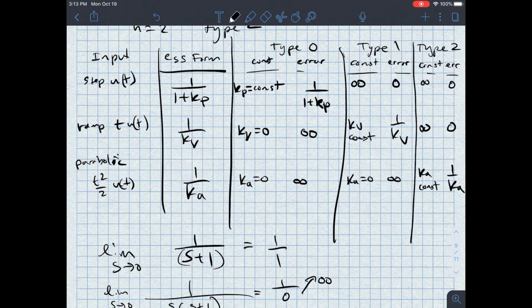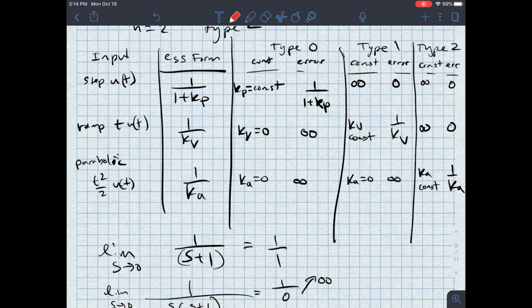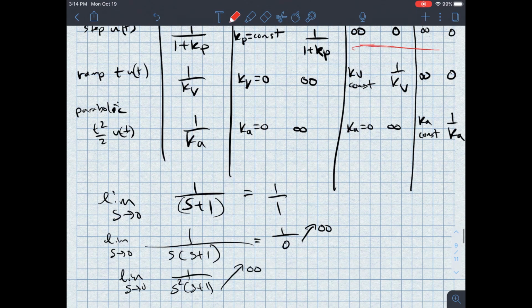All right, now let's interpret these results a little bit. As I look through this, I'll see that for type 0, I'm going to get an actual number value for steady state error. If I have a type 1 or type 2 system, I'll get 0 steady state error. In other words, it will track the unit step perfectly.